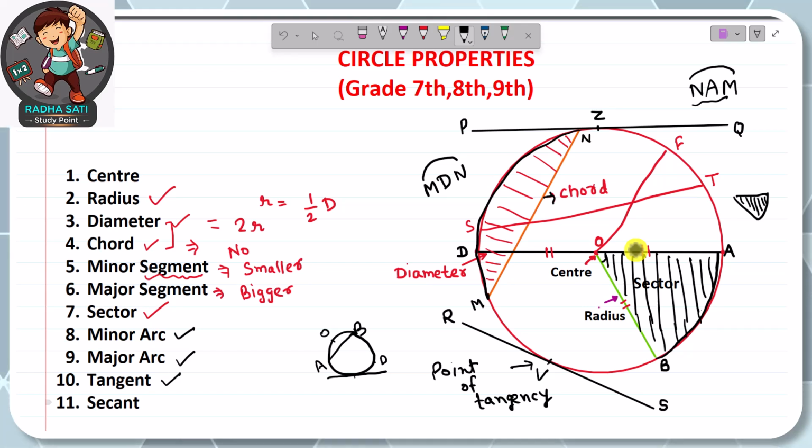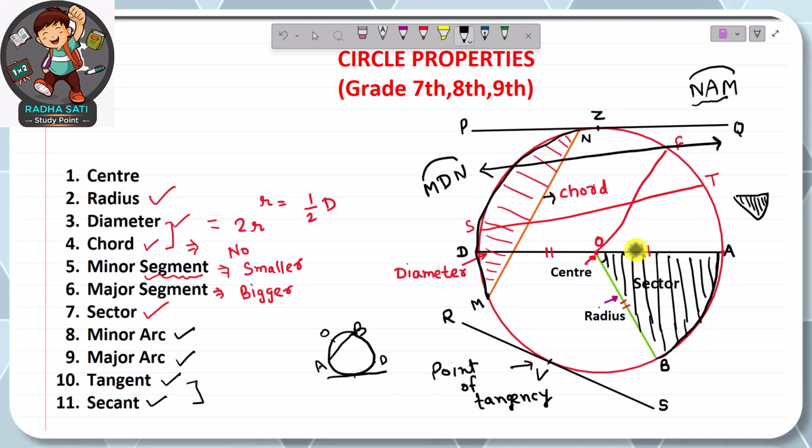Okay. Now the next term is secant. Sometimes you will get confused between these terms, tangent and secant, but both are totally different. Tangent will touch the boundary of a circle at a single point, and secant is a line segment which will intersect the circle at two distinct points.